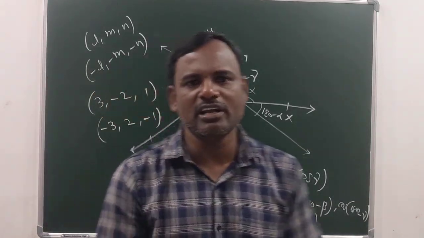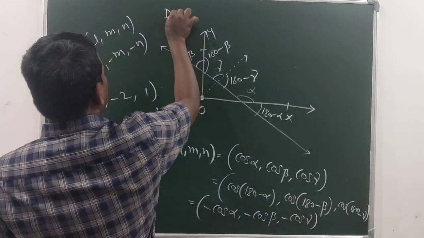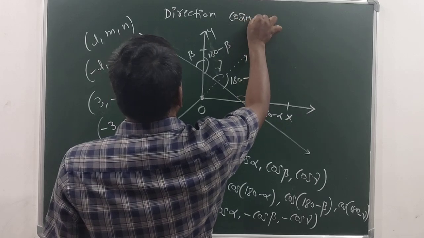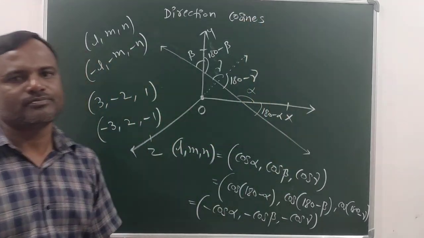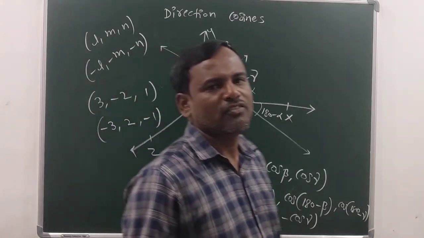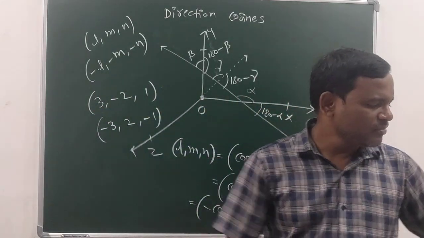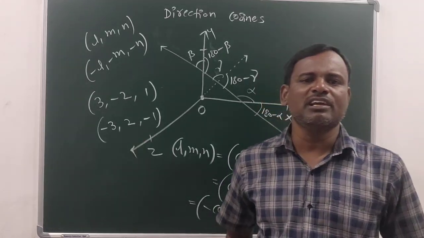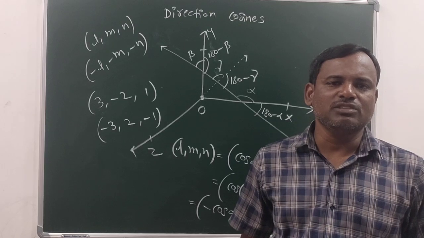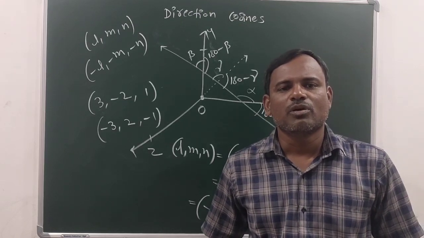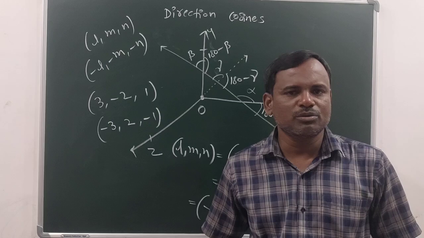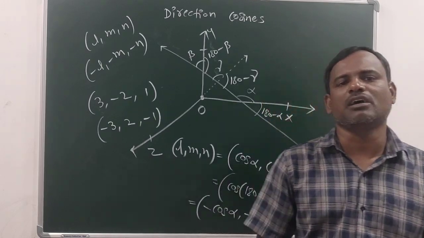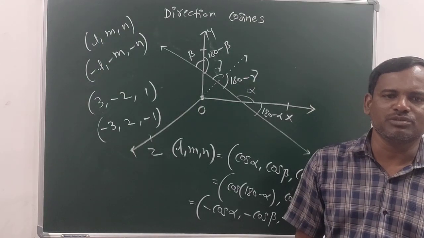I hope you have understood the meaning of direction cosines of a straight line. Alpha, beta, gamma are the angles made by a line with the x, y, z axes respectively. Then cos alpha, cos beta, cos gamma are known as the direction cosines of that line. Even minus cos alpha, minus cos beta, minus cos gamma are also direction cosines of that same line.